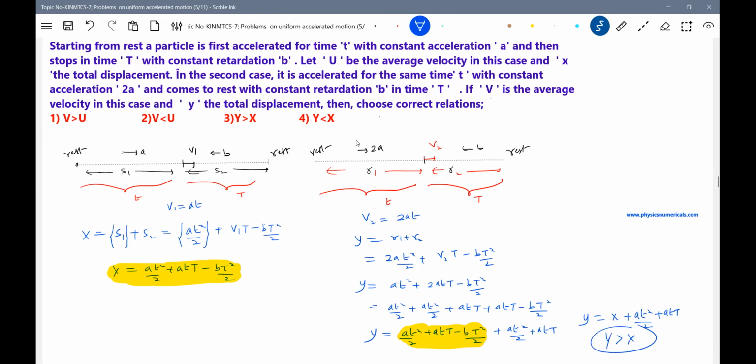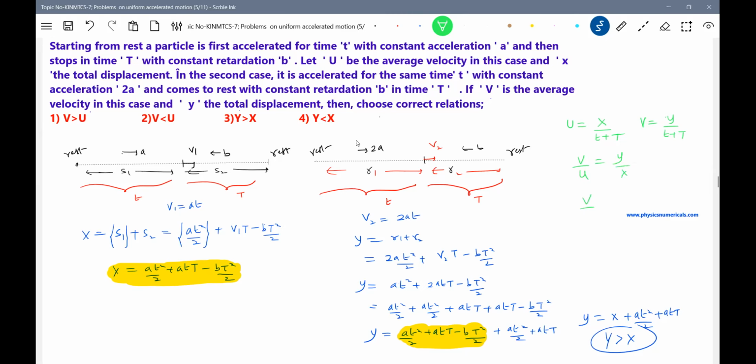What about the relation between v and u? What is the average velocity? Let me work it out here. U we define as x by t plus capital T. V we define as y, the total displacement, by t plus capital T. We'll agree on this. So v by u will be y by x.